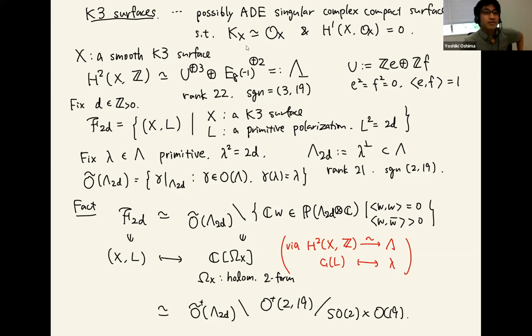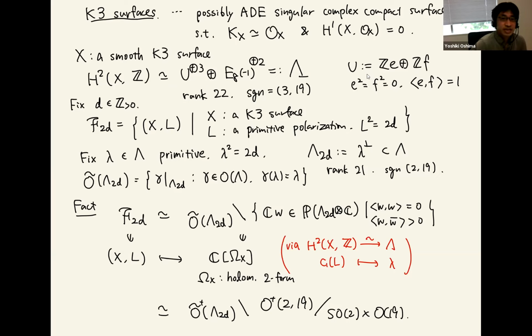We define K3 surfaces to be, in this definition, allowing ADE singularities, possibly ADE singular compact complex surfaces with trivial canonical bundle. For smooth K3 surfaces, H2 is isomorphic to the so-called K3 lattice.